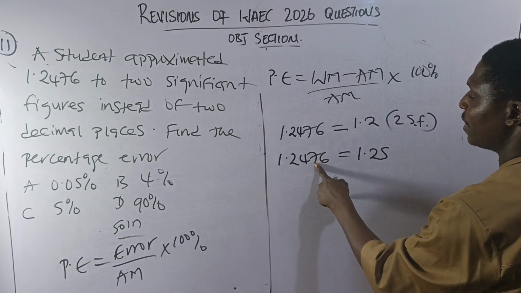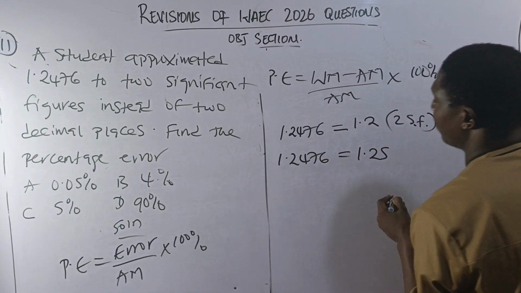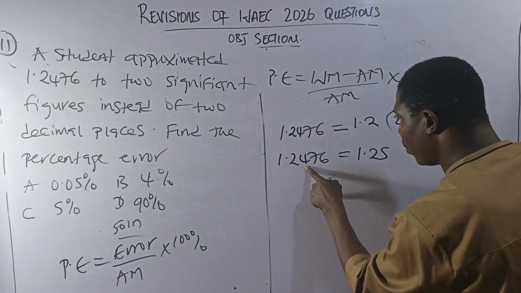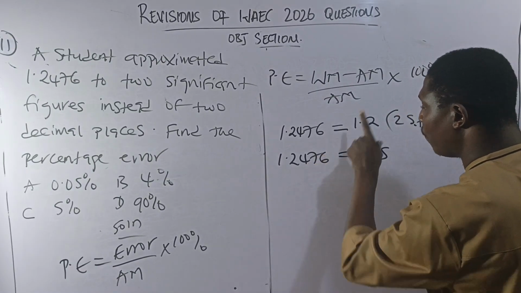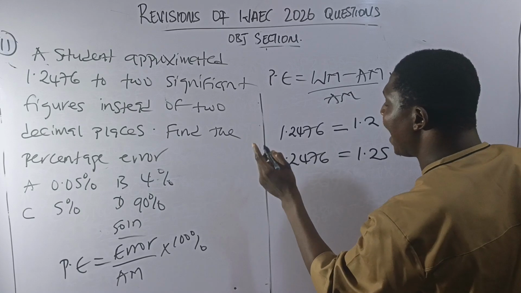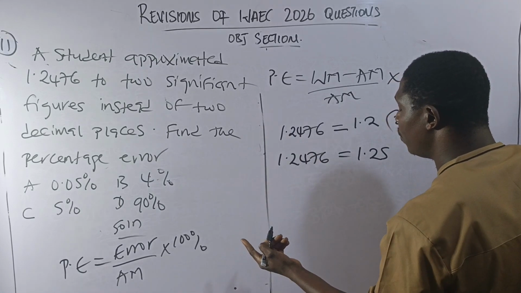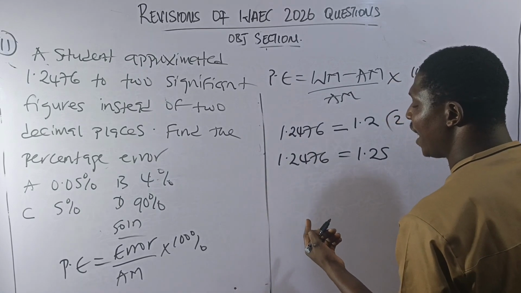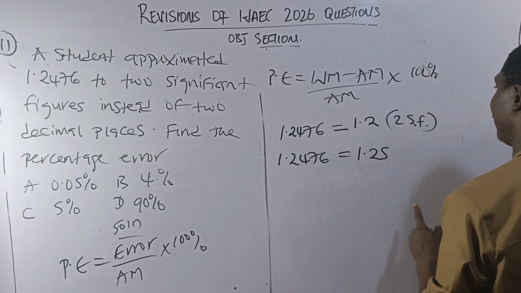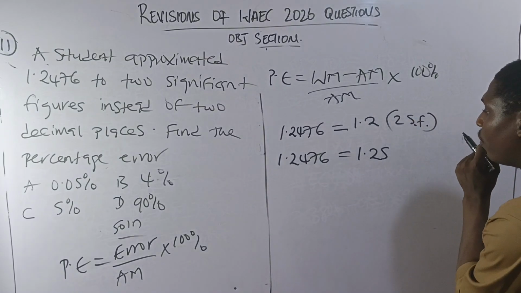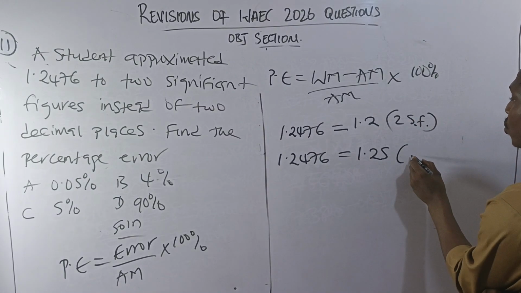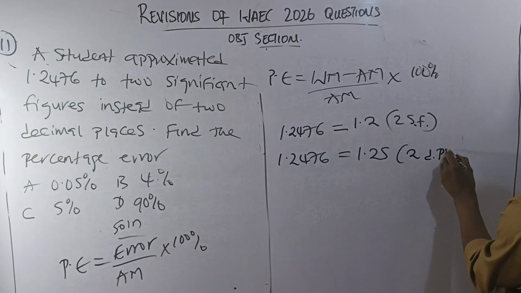Two decimal places means two numbers after your decimal. So our 4 is close to 7 and 7 is greater than 4. Generally, we add 1 to the left hand value if it is greater than 4. So we add when it's 5, 6, 7, 8, 9. We round up. Remember. Now we have 1.25 to two decimal places.